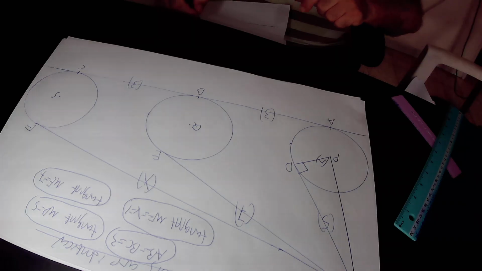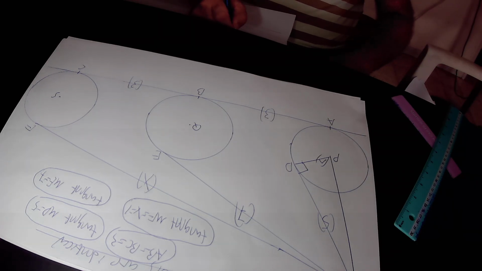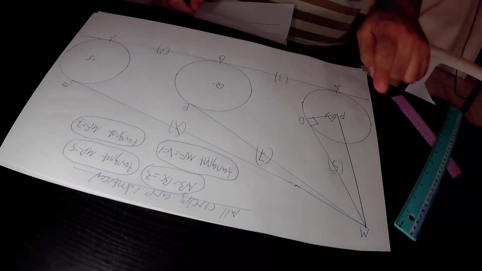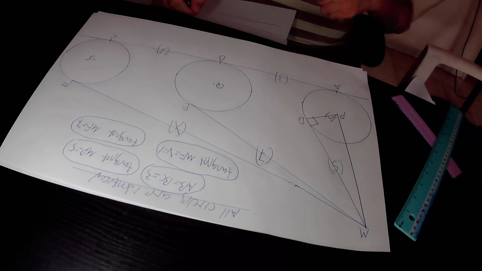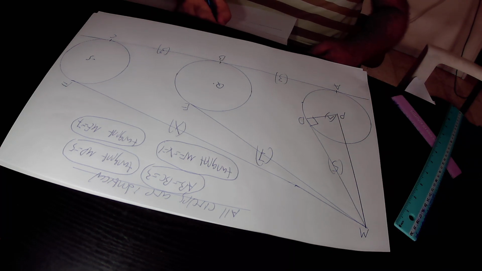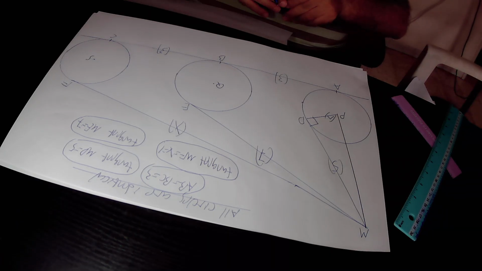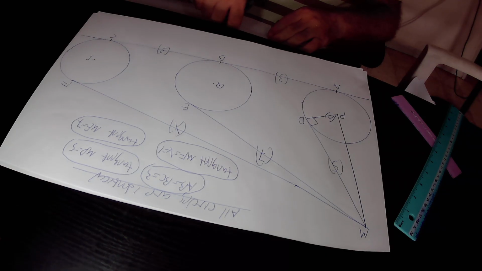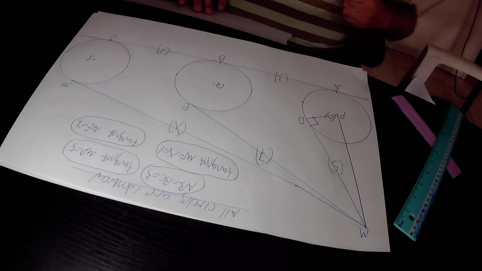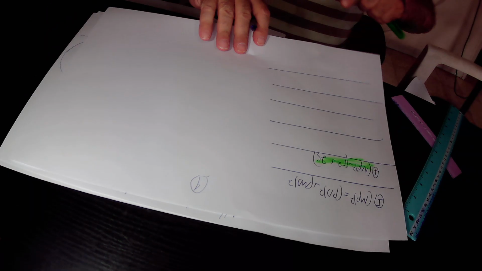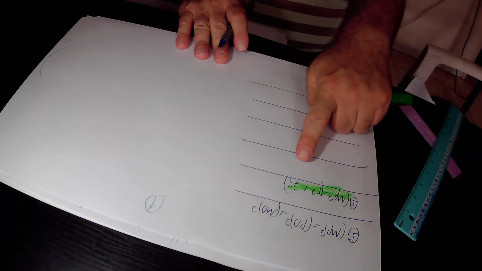PD is R, therefore PD square is R square, plus MD square. MD is 5, therefore MD square is 5 square, that is 25. So in total, according to equation 1, we find that MP square equals R square plus 25.